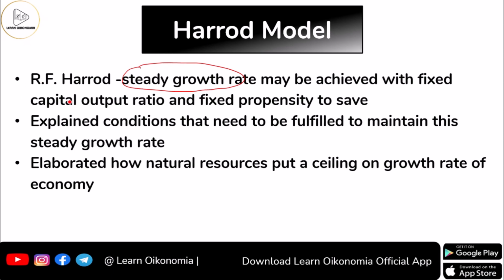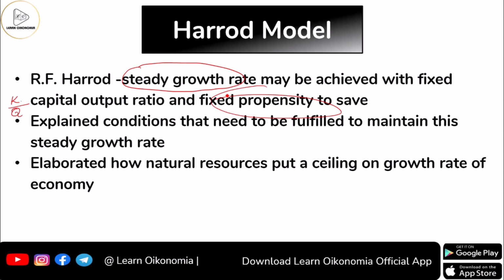And fixed capital output ratio is also known as the K by Q ratio. Here K stands for capital and Q stands for output. And fixed propensity to save means a fixed tendency for an economy to save. So both these are assumed to be fixed.